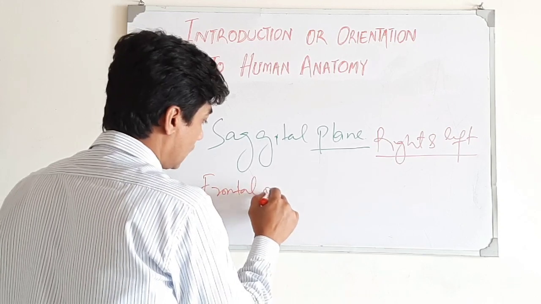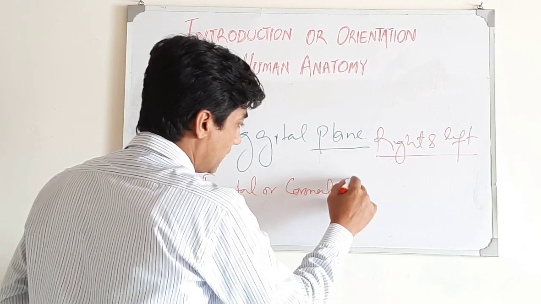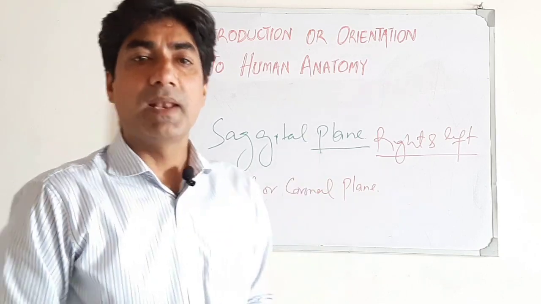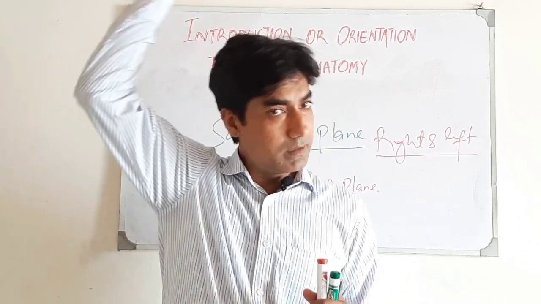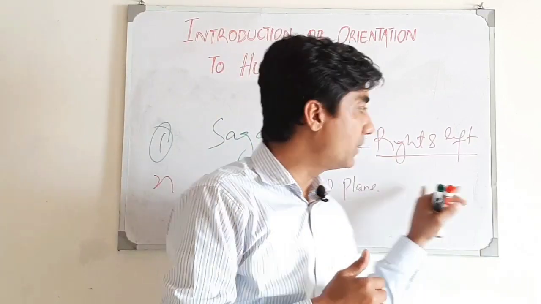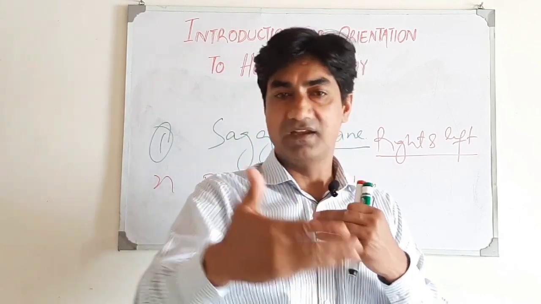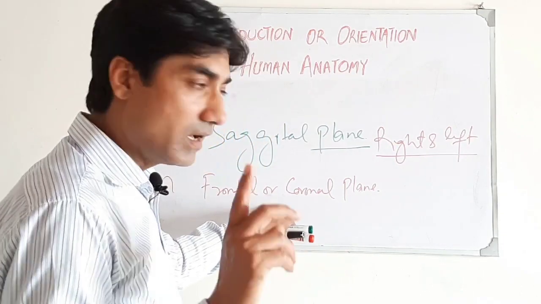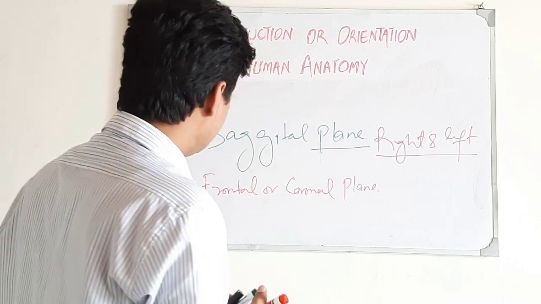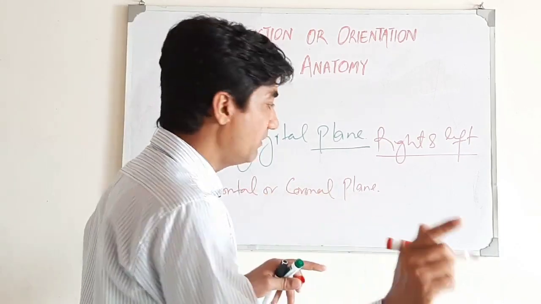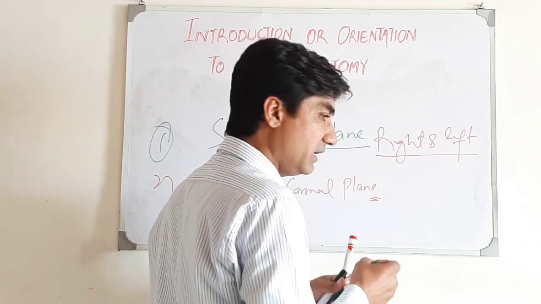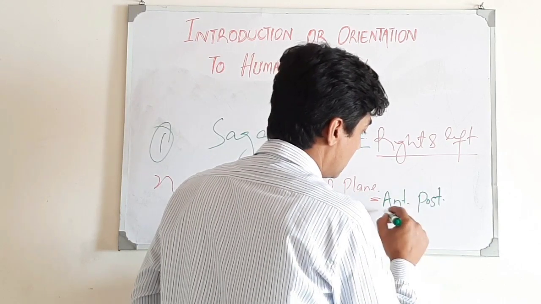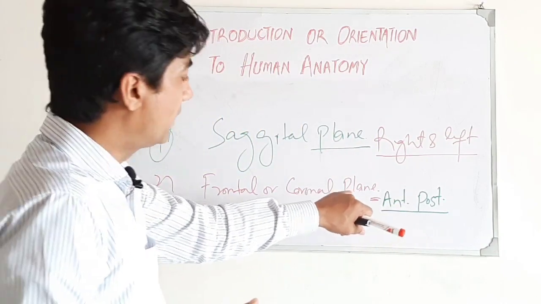And the second one is the frontal or coronal plane. In the coronal plane, the cut is applied in the midline, and the body will be divided into anterior and posterior portions.